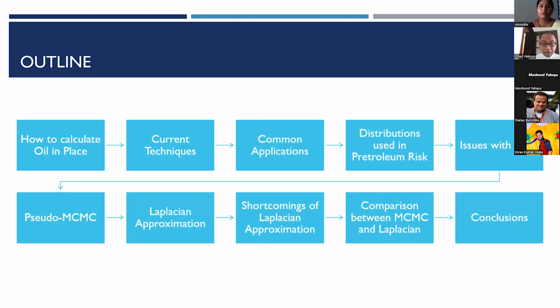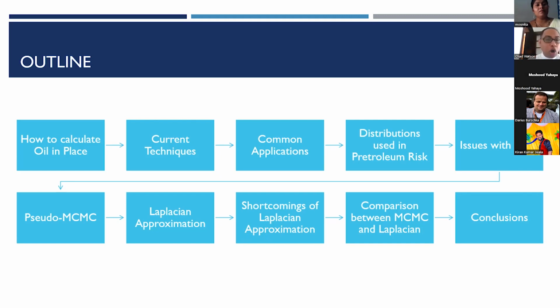The reason why I'm looking at this topic: Laplacian approximation is a way of finding the maximum expectation for the mean distribution using a posterior distribution. Now that's a Bayesian framework.